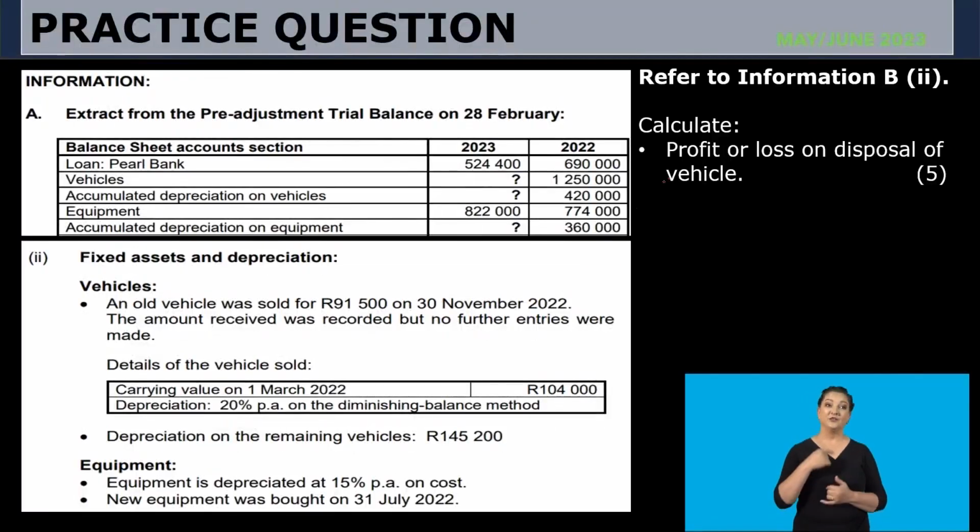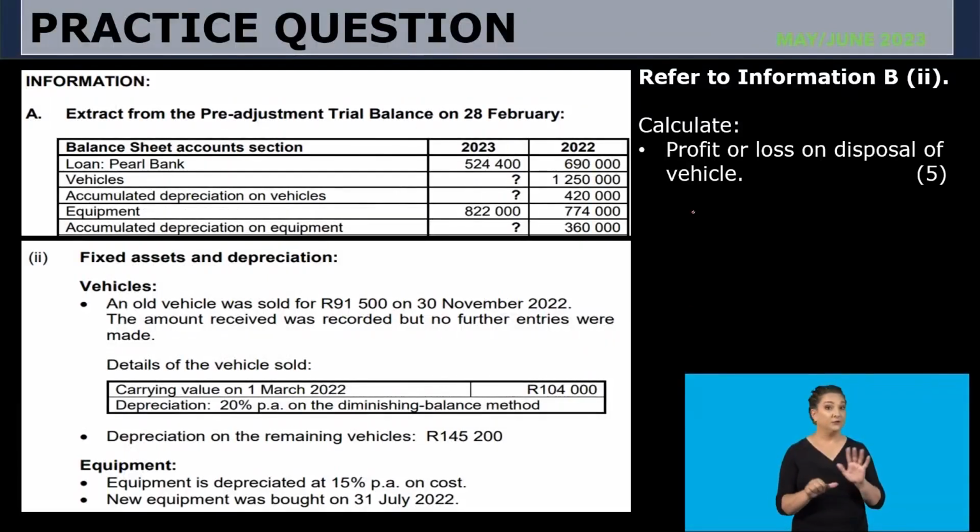Now, I have an interesting question which is from the May-June 2023 paper, and it reads, calculate the profit or loss on disposal of asset. Okay, so this is one of the most common questions that you can get. Here they want us to say whether it's a profit or it's a loss.